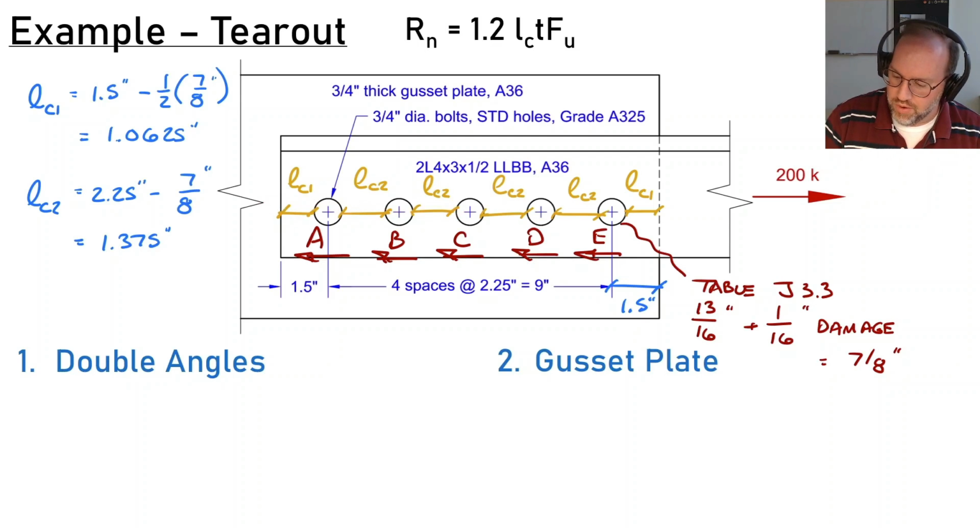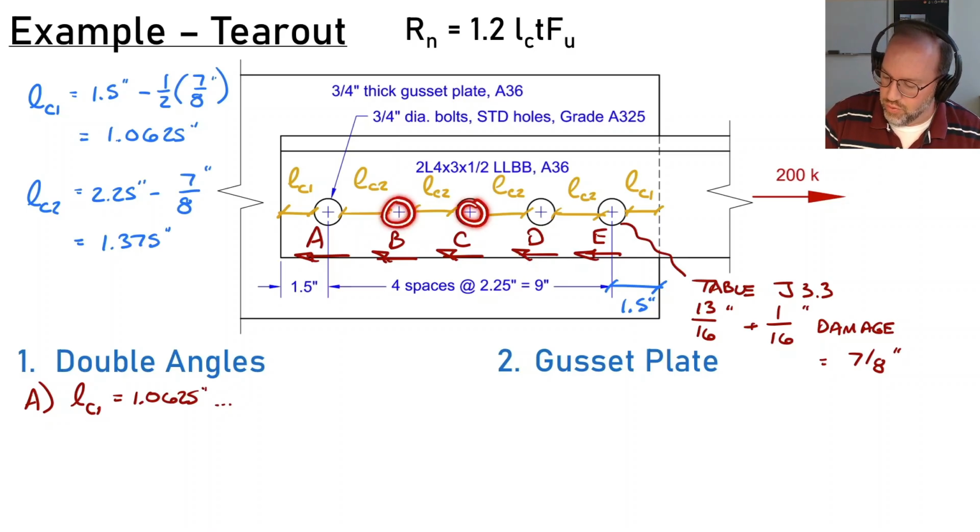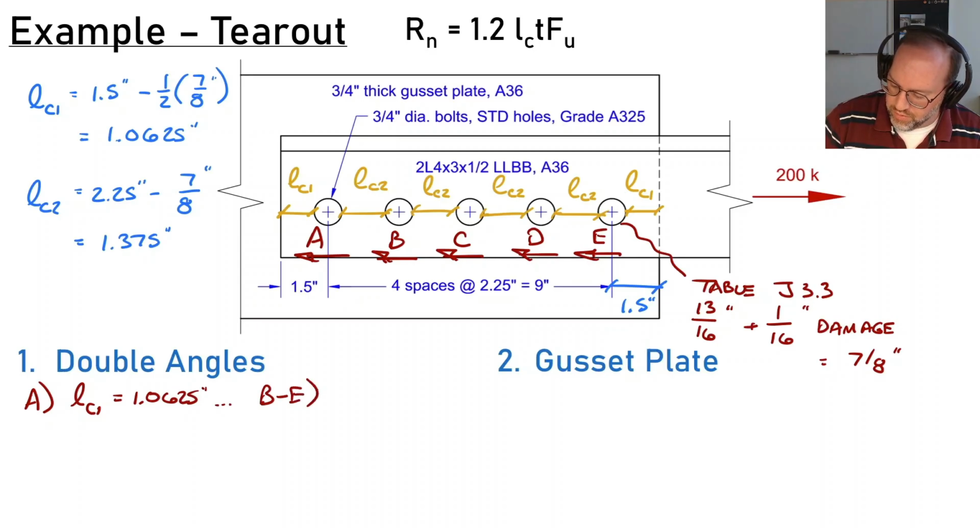So therefore, bolt A is going to get an LC1 of 1.0625. And if we're looking at bolts B through E, they're all going to have a distance of LC2. So B through E are going to be LC2 is 1.375 inches.